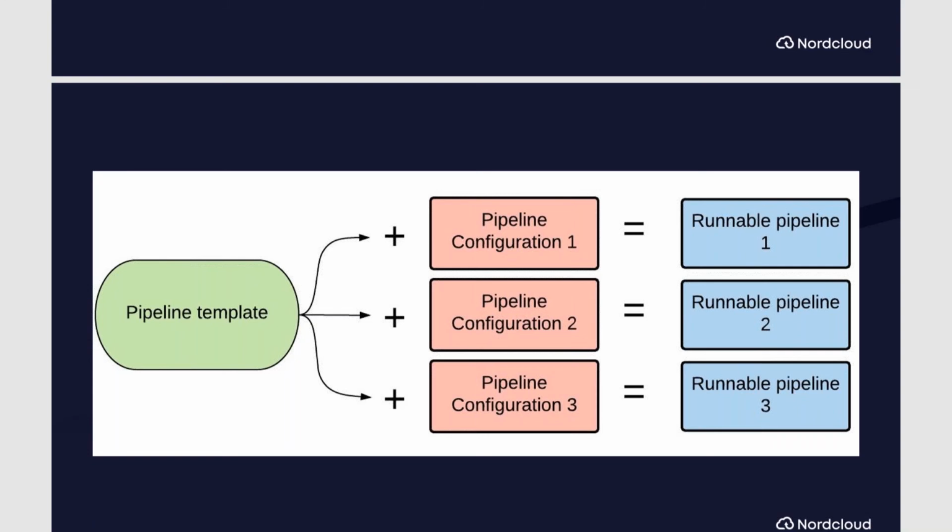You just pass these pipeline configurations together with the pipeline template. After this, you have the runnable pipeline. When you have the runnable pipeline, that's when the pipeline actually appears in the Spinnaker UI, and that's when it becomes usable.